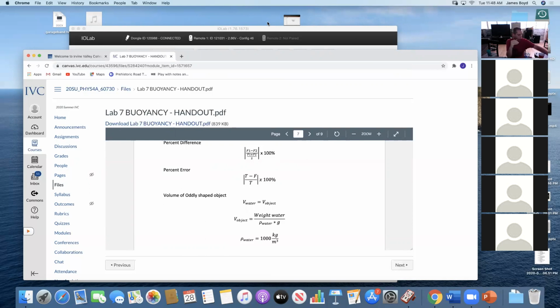So what I'm going to want to do here, if I take this off, I've got a cup, a solo cup, that I cut a hole in, okay? Cut a little hole so that I can tie it to the IOLab. I can tie it through the eye bolt of the IOLab.